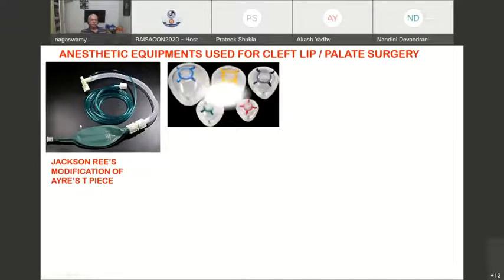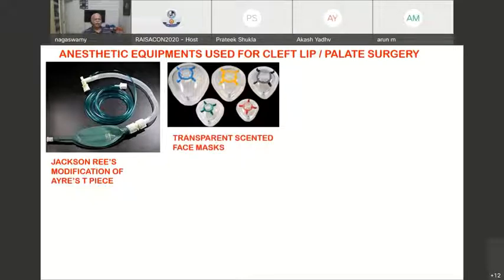And what are these things? Have you not seen this? Anatomical face mask. Any other answer? Transparent scented face mask.